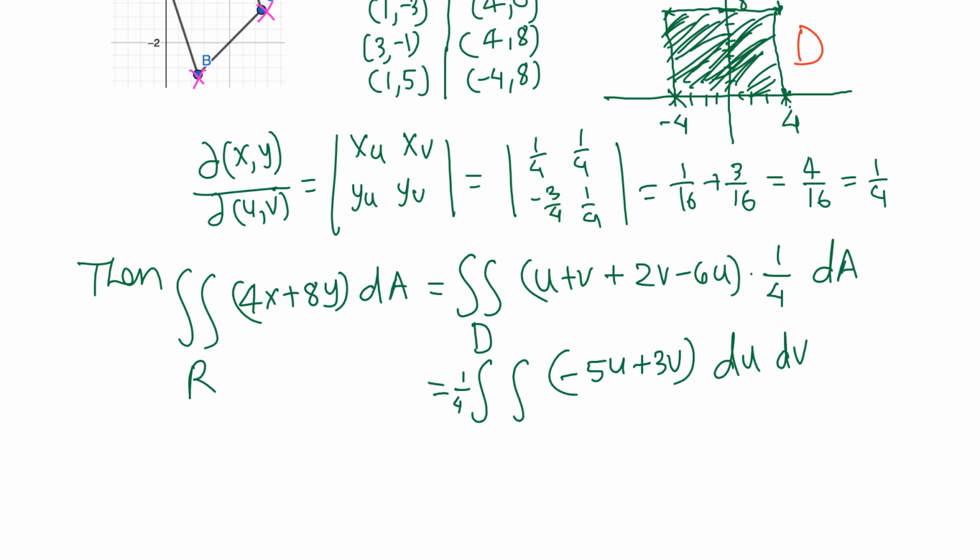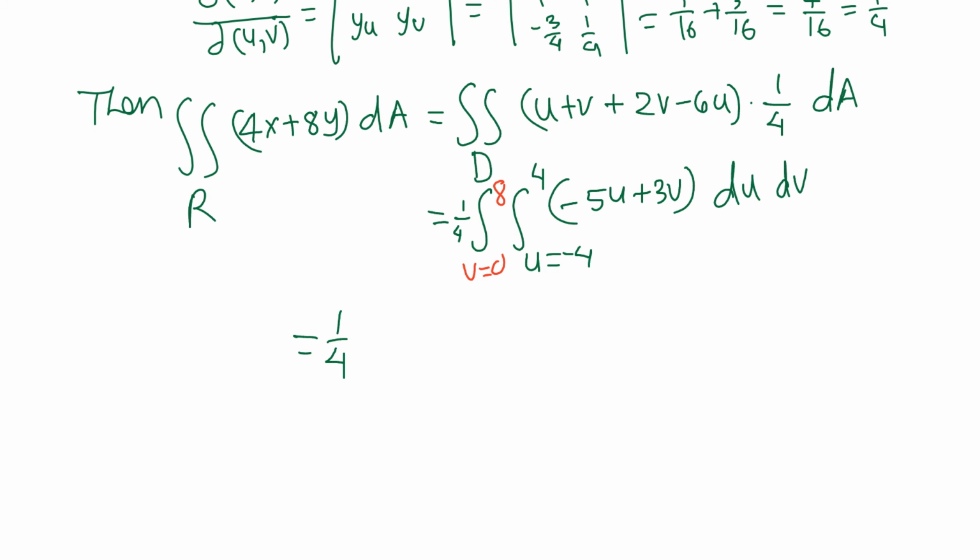Looking at the region, v is outer; u is horizontal and v is vertical. So v goes from 0 through 8. And how about u? u goes from -4 to 4. Now this should be easy.